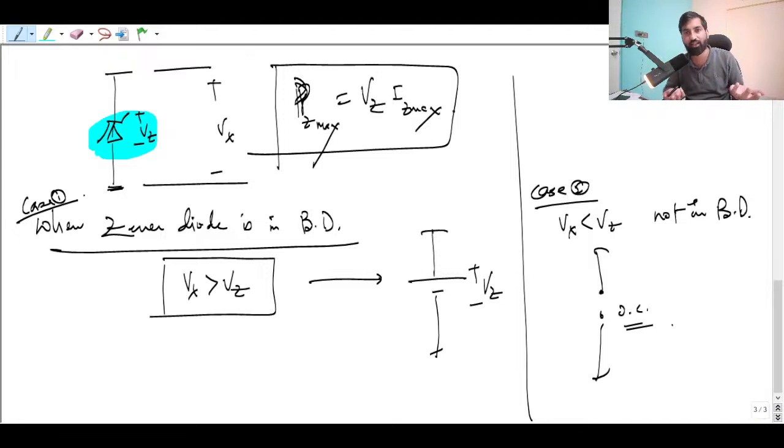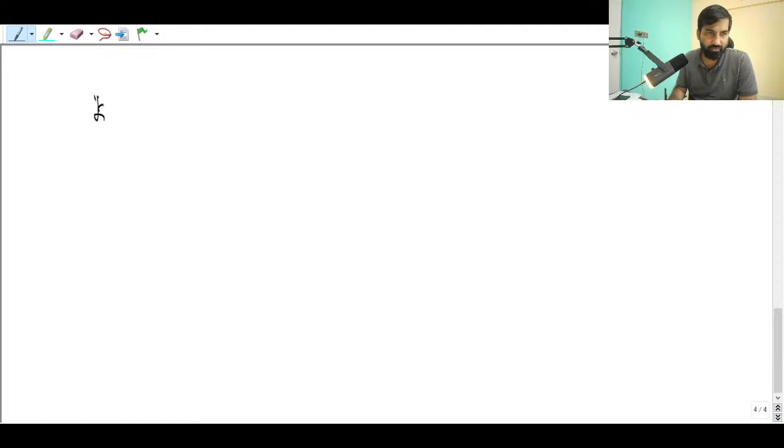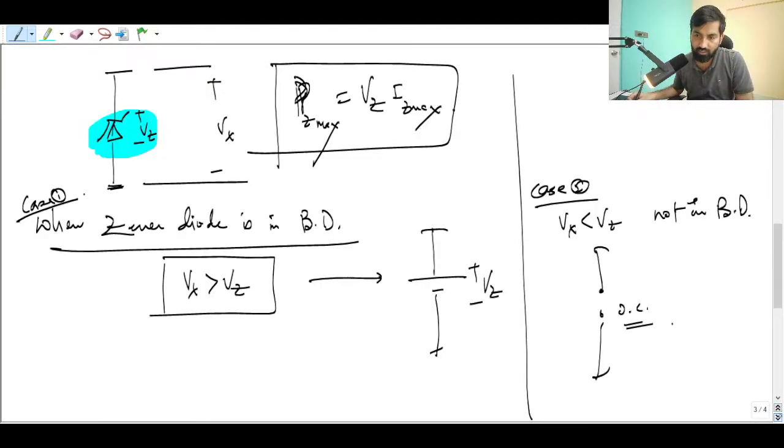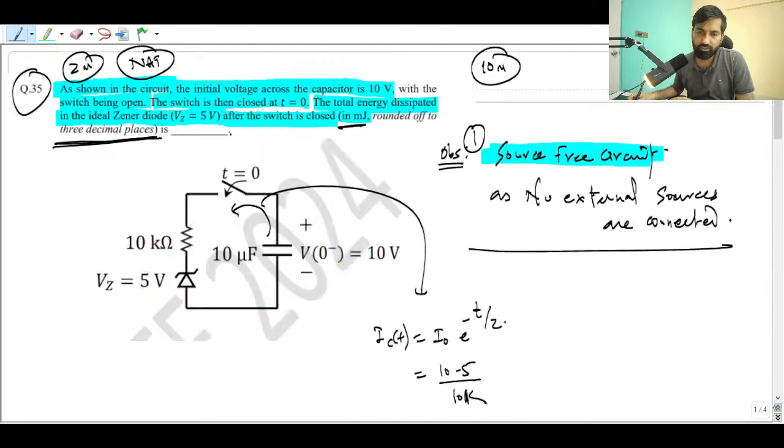Everybody knows: energy is the integral of P dt. So you have to integrate power, and power is voltage times current. So what is the Zener current flowing through the circuit? That is very important to remember.